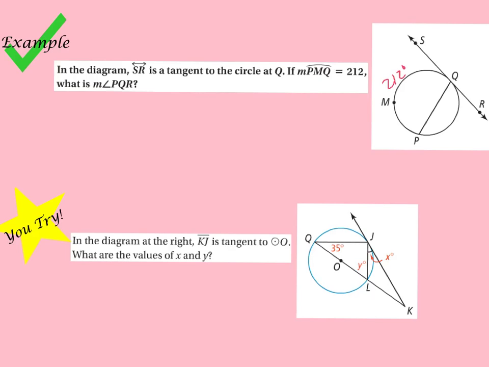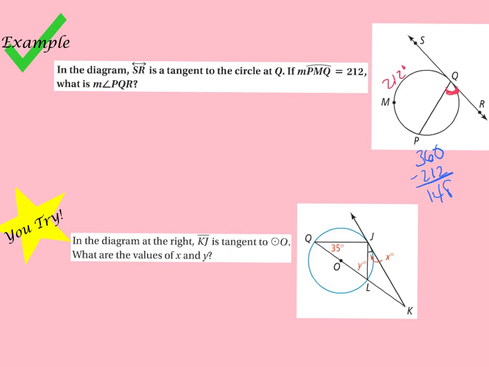So I want to know the measure of this angle right here. Okay, I have a whole circle here. This piece is 212. So in order to find this piece here, I'm going to take 360 and subtract 212. 360 minus 212 leaves me with 148 degrees.